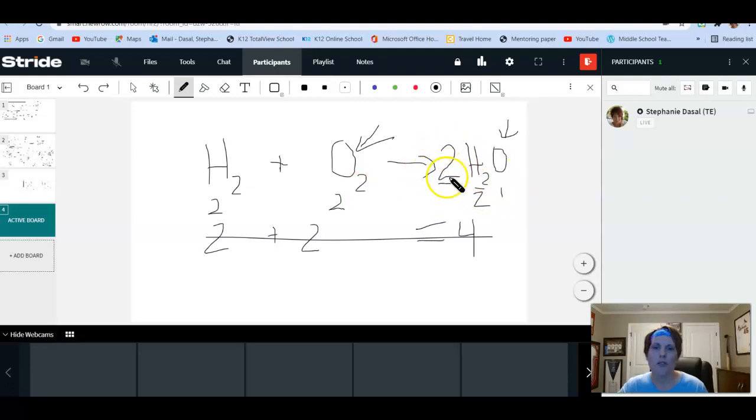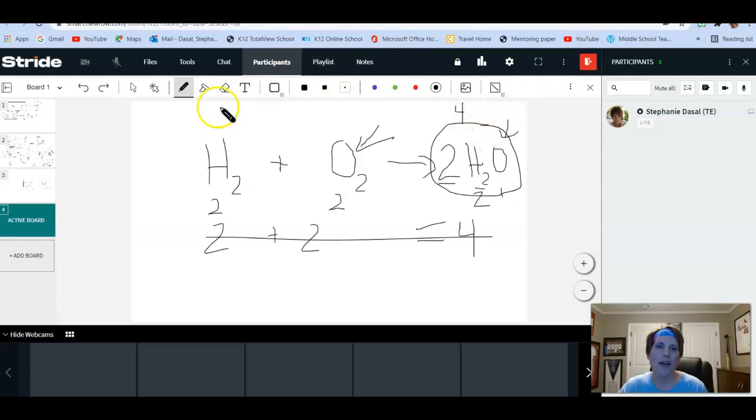When we add a coefficient and the element has already a subscript, then we multiply those together to find out the total number. So the total number of hydrogens on this side of the equation is actually 4, because 2 times 2 is 4.